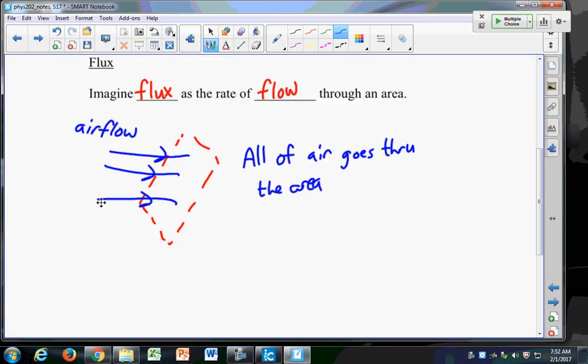Because it's running parallel, it's just zooming right past that surface. So I can have it like this, and have all of the air go through my Gaussian surface, or I can have it like this, and have none of the air go through. So if the surface is parallel to the flow, none of it goes through the area.